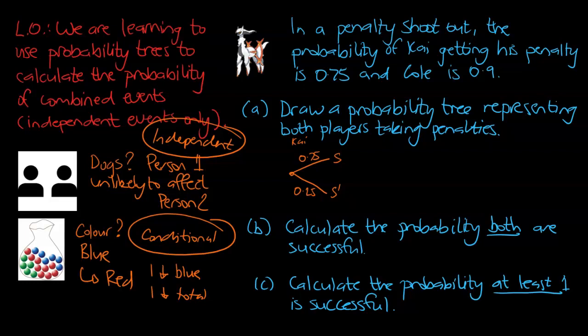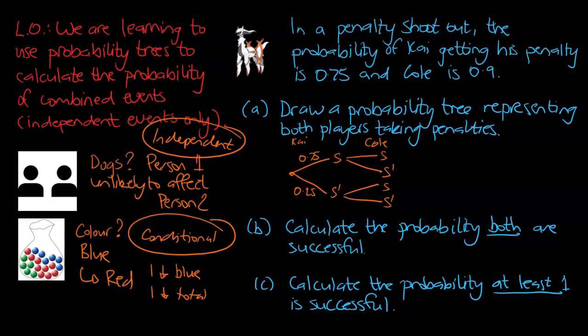After that, the second event takes place. Cole takes his shot. So we've got Cole scoring and then Cole not scoring. And the same thing, if Kai doesn't score, Cole could score or not score. So you can see two branches pop off based on Kai's success or not success on the previous penalty.